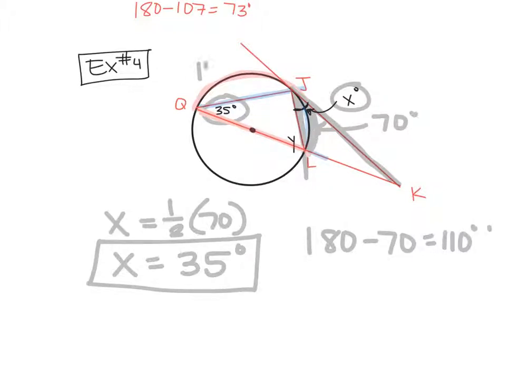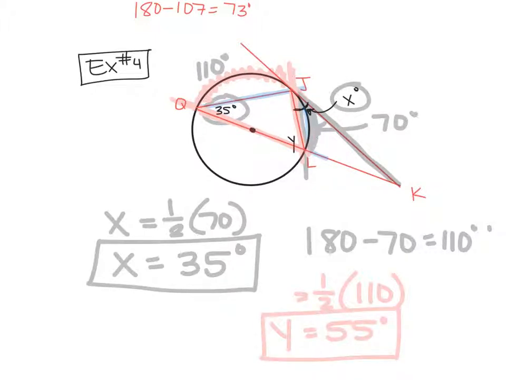So this arc here is 110. And now if you look at your y opens up to that arc. Y goes here to here. So this would be the intercepted arc for y. So you take that 110 and you cut it in half. So y would be 55 degrees.